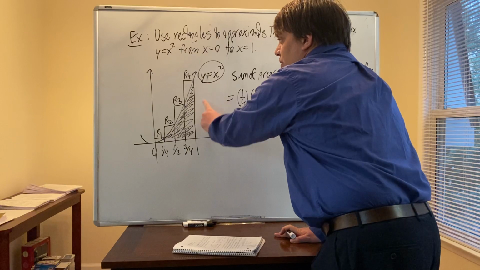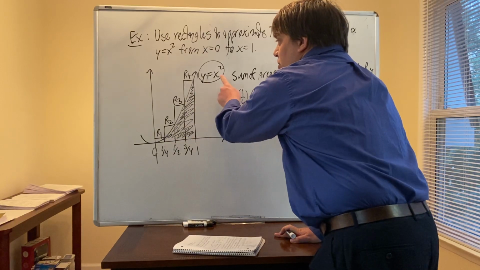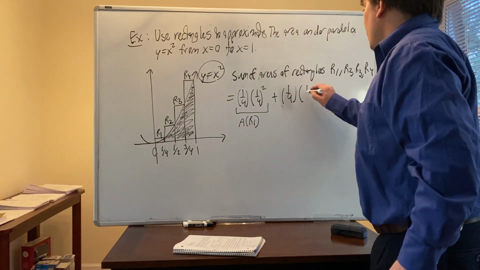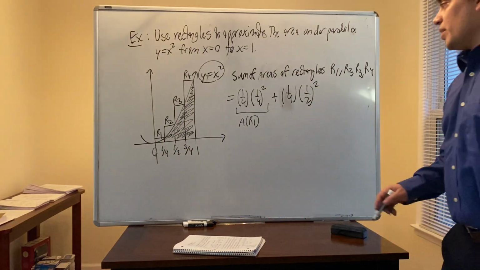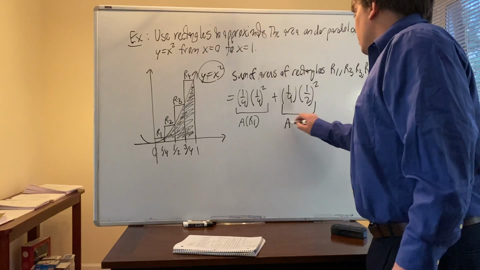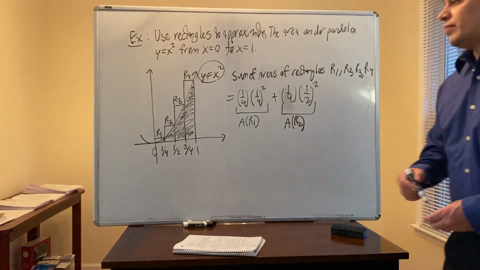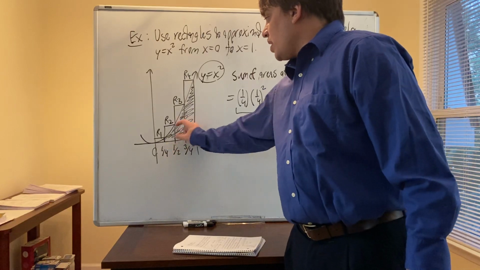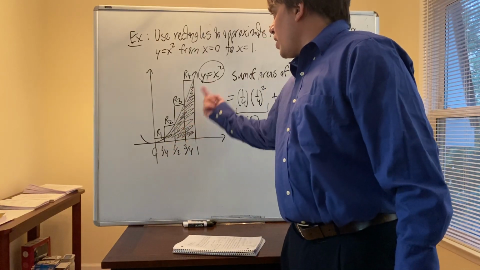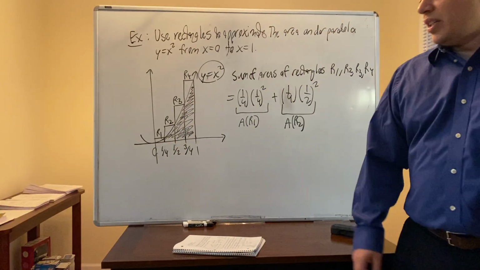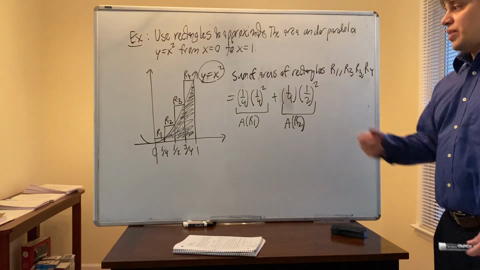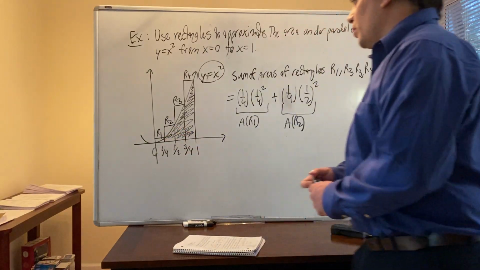And so to find the height, you plug in 1/2 there, and 1/2 squared is the height of the second rectangle. So that's 1/4 times 1/2 squared. That's the area of rectangle R2.